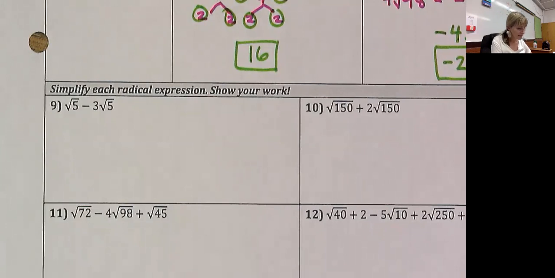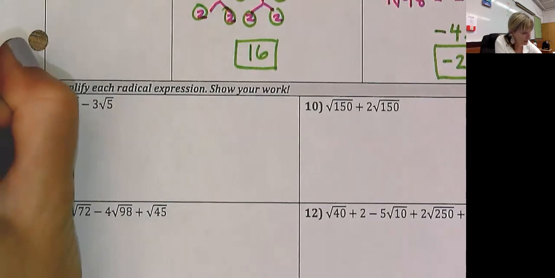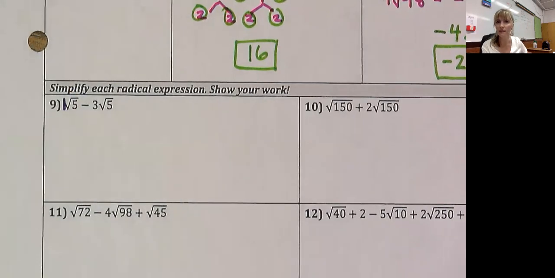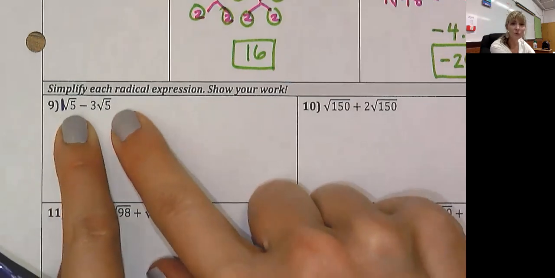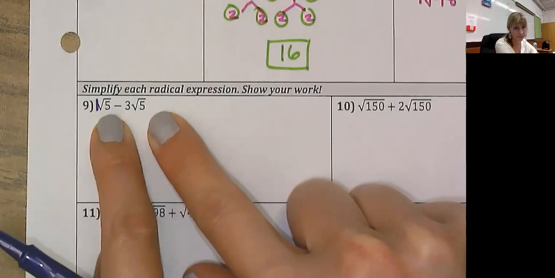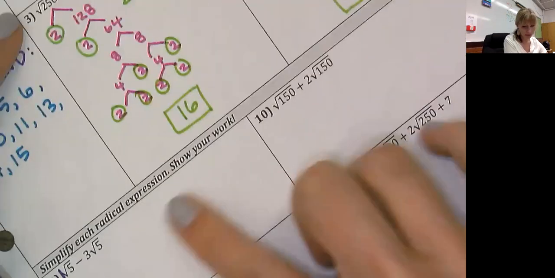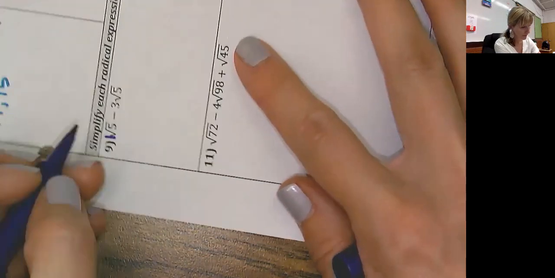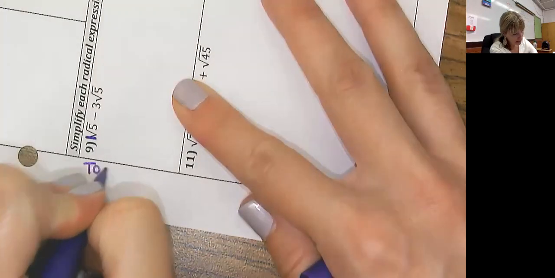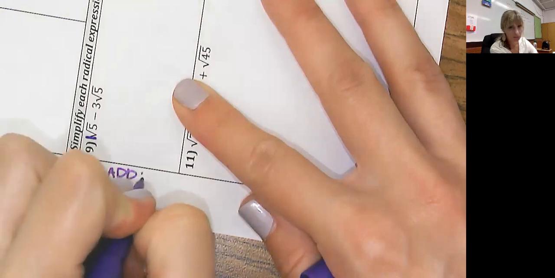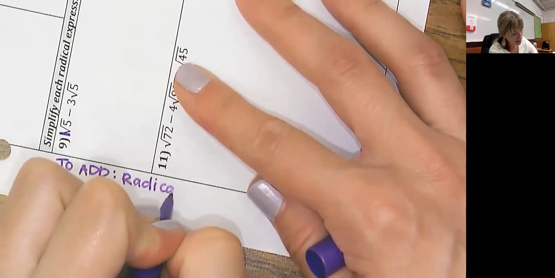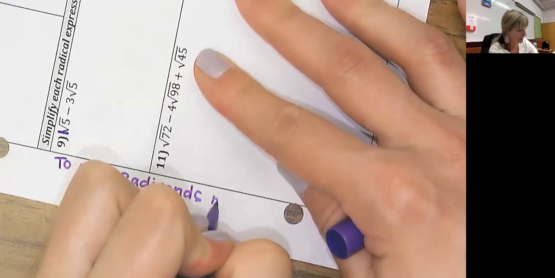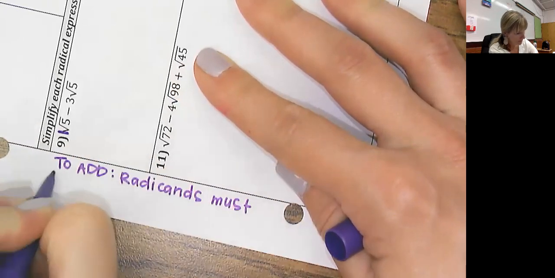So let's take a look at the coefficients here. If there's nothing there, there is of course always something there. That has a coefficient of 1, and the radicands are the same. So let's make a note here on the side: to add, radicands must be the same.